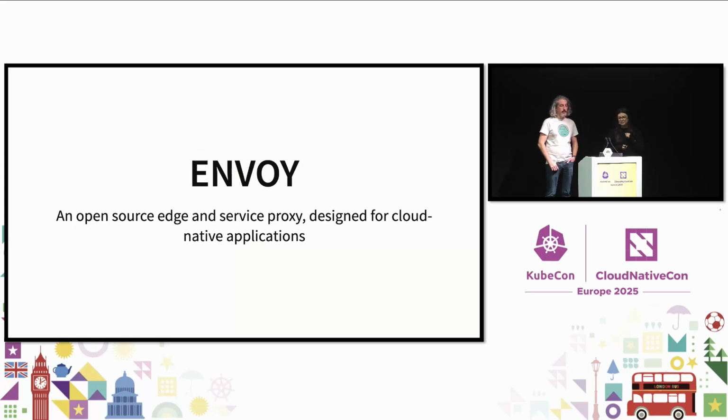Let's see, who here uses Envoy? OK, lots of you. We also do. It is an open source edge and service proxy designed for cloud-native applications. It focuses on service-to-service communication, handling retries and circuit breaking automatically. It can handle load balancing. It manages communication using TLS certificates, and it provides deep observability.